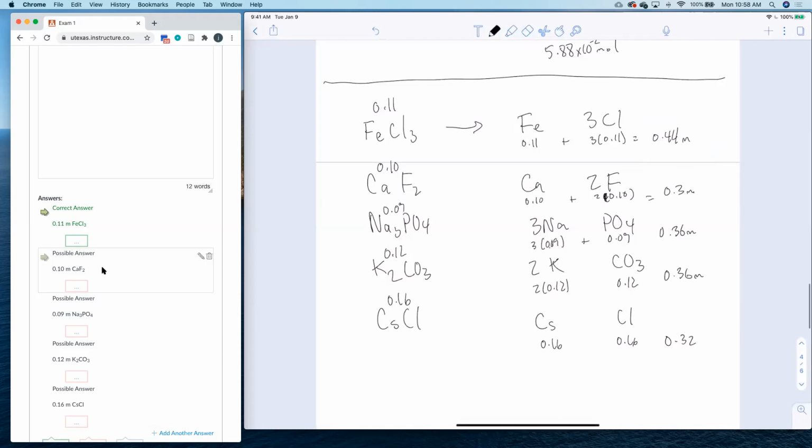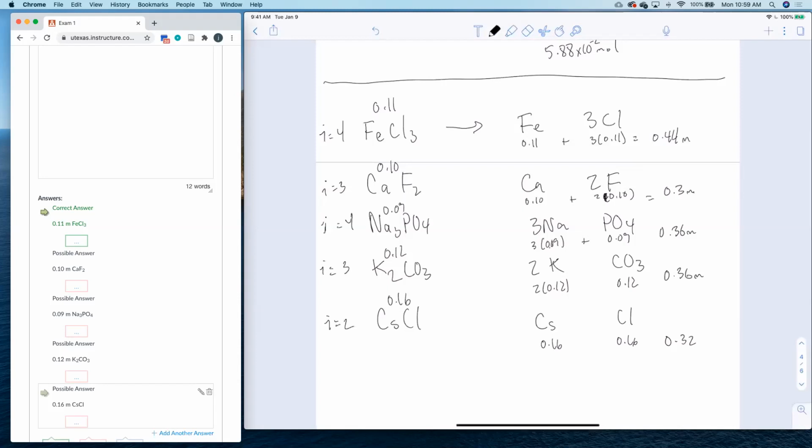Yeah, so this is how I would work through it. I guess the easier way to do it is if you can say i equals 4 for this, i equals 3 for this, i equals 4 for this, i equals 3, and i equals 2.